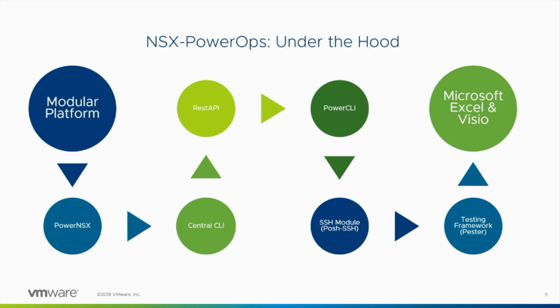Most of the information is via the REST API call or PowerNSX. Everything gets dumped into an Excel and a Visio. It's just easy to diff in Excel and see the differences between your previous versions and now. Excel is a mandatory tool to make this thing run. Visio is not. Visio is optional.